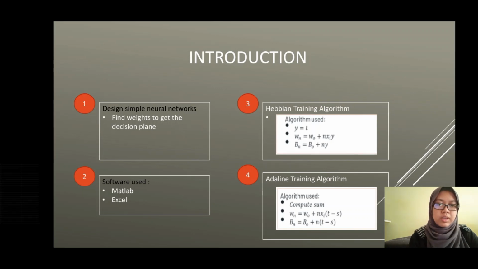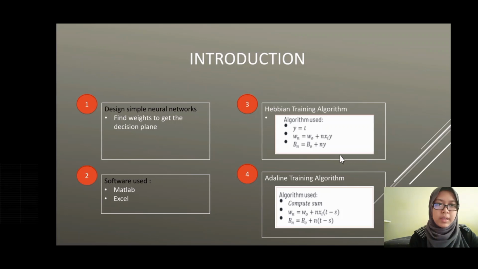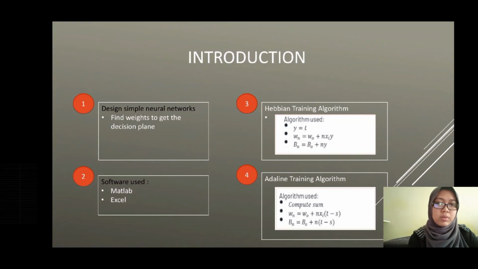For the Hebbian algorithm, this is the formula that needs to be used to find y, wn and bn. For the Adaline training algorithm, this is the algorithm that we use to find the complete sum, wn and bn.